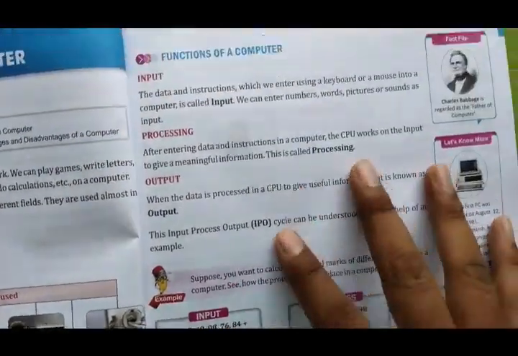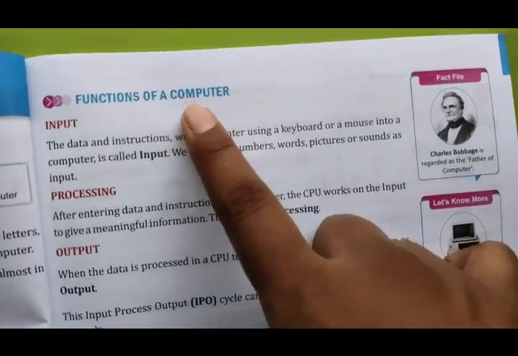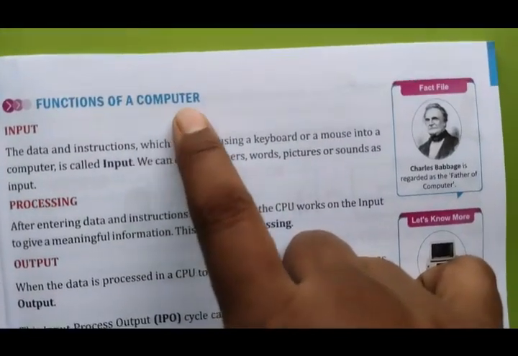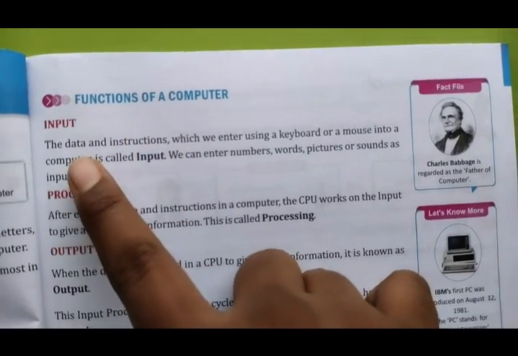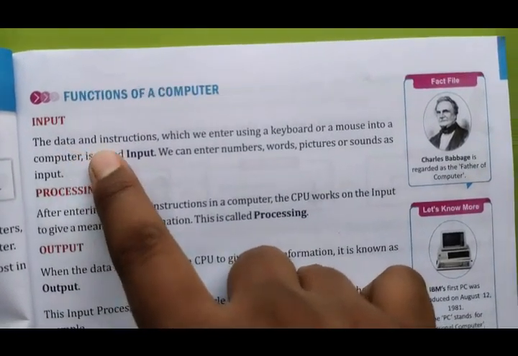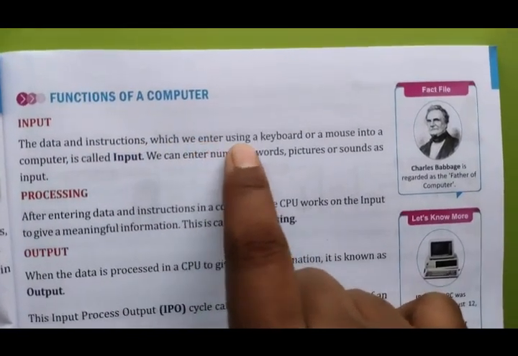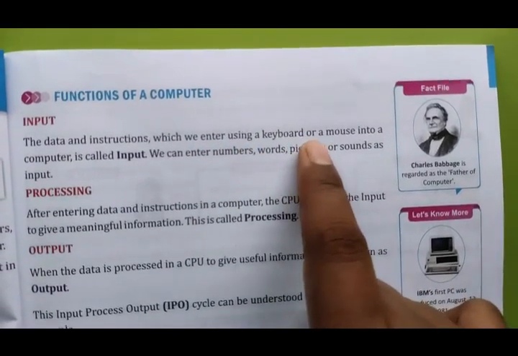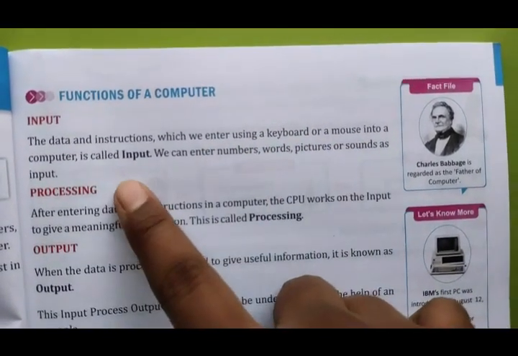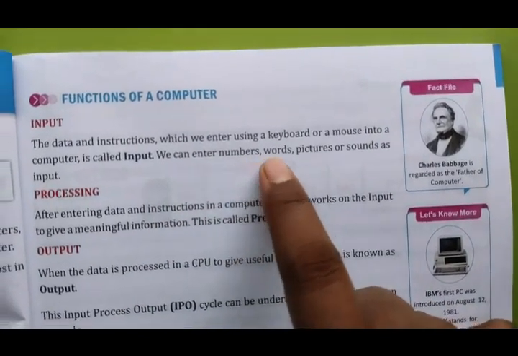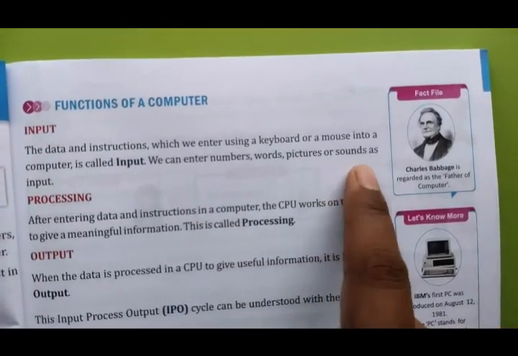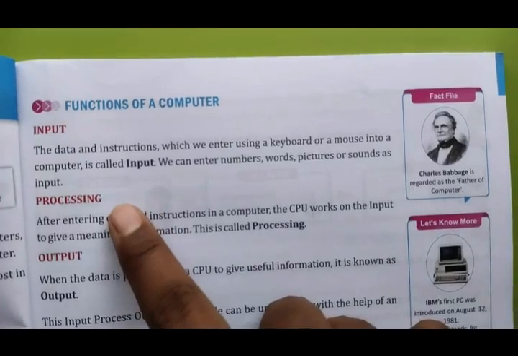Okay, next, functions of a computer. So, what are the functions of a computer? Input: first we will read input. The data and instructions which we enter using a keyboard or a mouse into a computer is called input. We can enter numbers, words, pictures or sound as input.